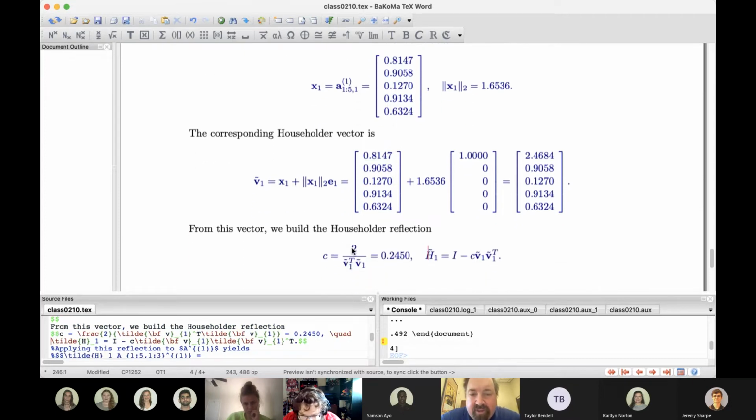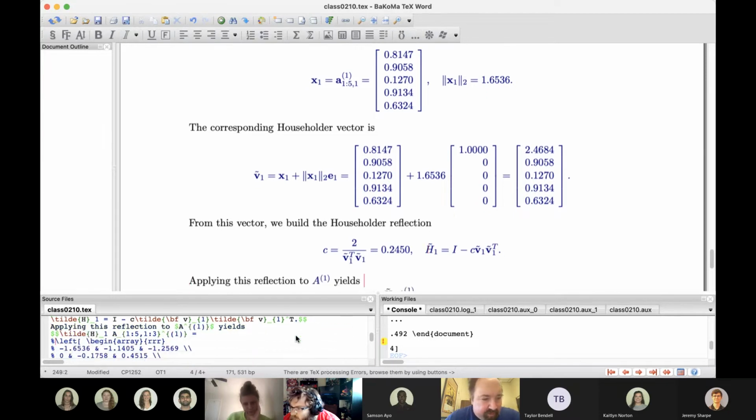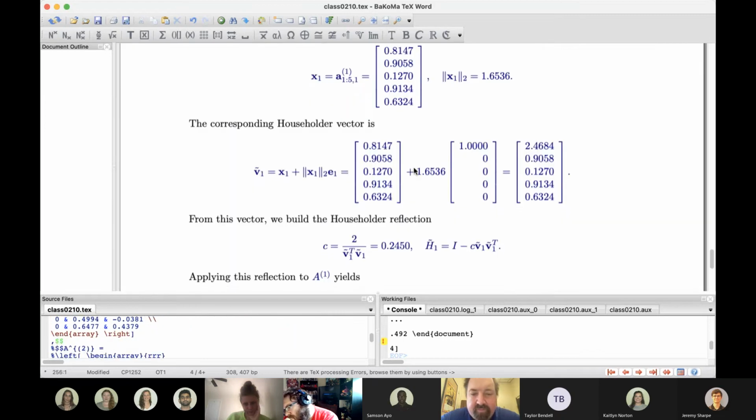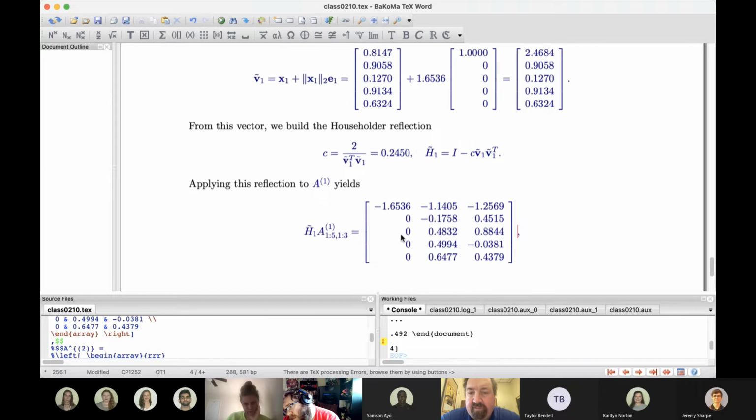Now, because this is not a unit vector, I need V to be a unit vector, so I'm basically going to normalize it here. And now I make my Householder reflection. And then when I apply this Householder reflection to A, this is what I get.